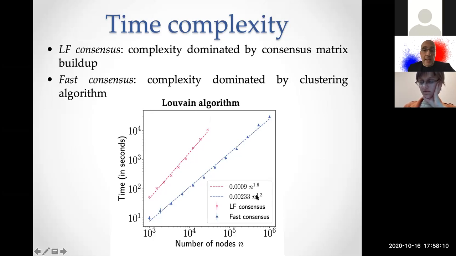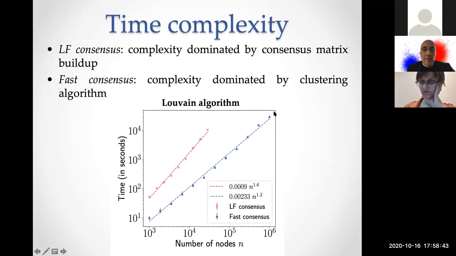I want to emphasize that this 1.2 instead of 1 is because of the implementation we use for Louvain, which should be linear but for some reason is a little bit superlinear. The fast consensus clustering procedure itself is linear, so most of the time is spent applying the clustering algorithm on the network, and after that on the consensus matrix to get the result.